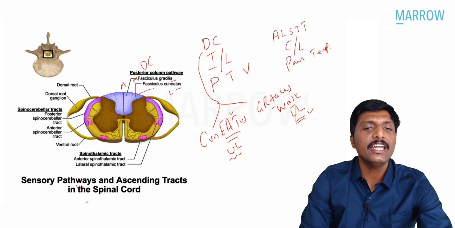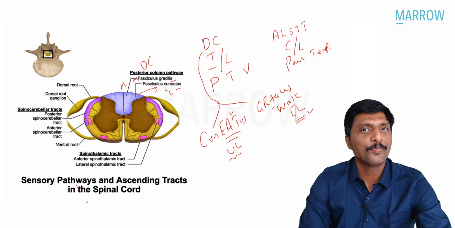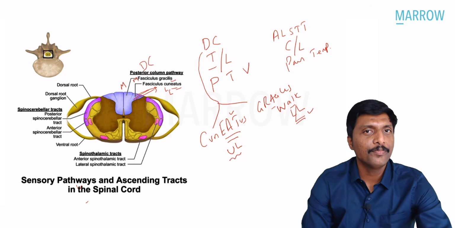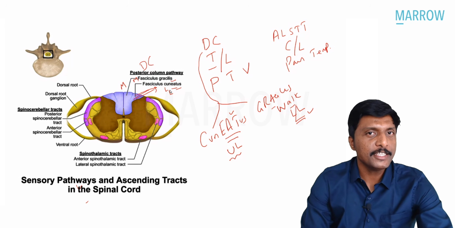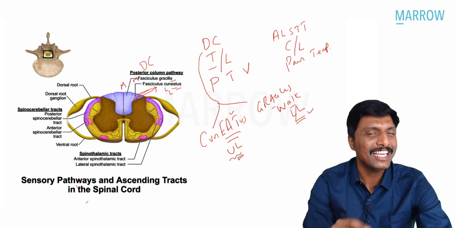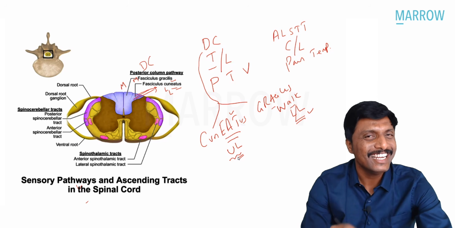This cuneatus is lateral. Suppose you have a penetrating injury on the lateral side, obviously your cuneatus will be affected. If the cuneatus is affected, the upper limb dorsal column senses will be affected. In the spinal cord, in the dorsal column, gracilis is medial, cuneatus is lateral.